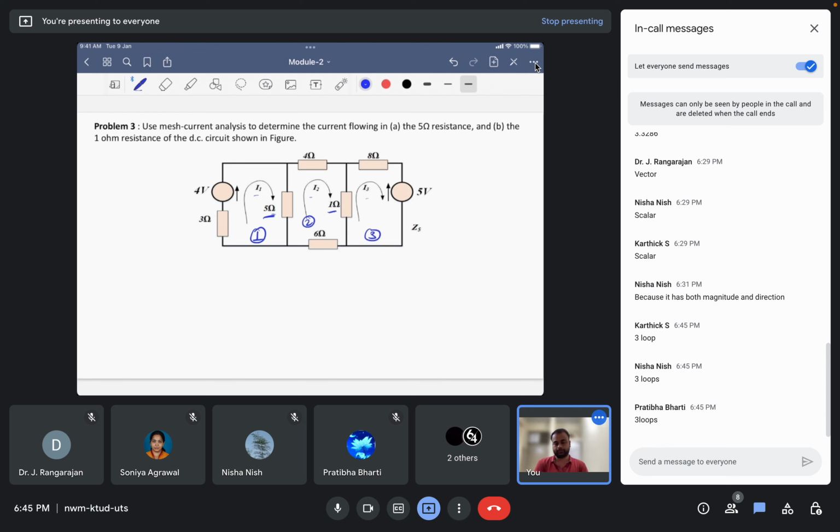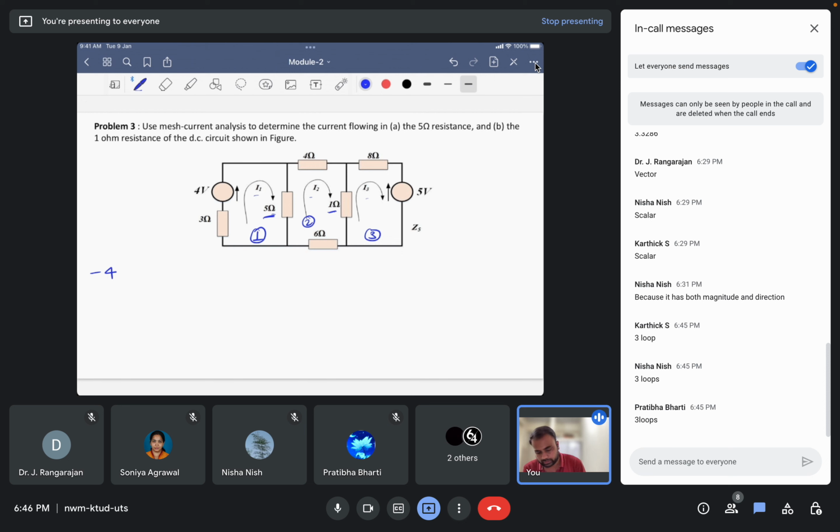So for loop 1 we have to write the equation. Again the current will be -4, same convention we are taking, and the resistances.